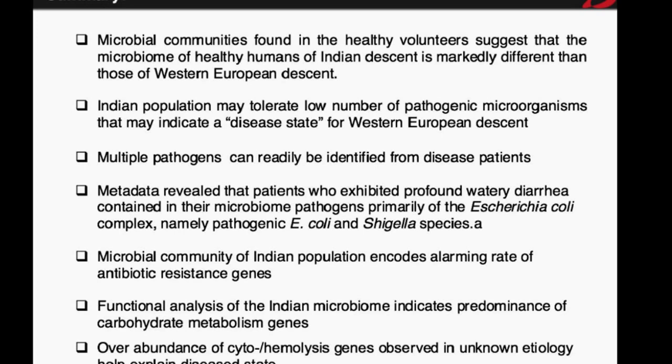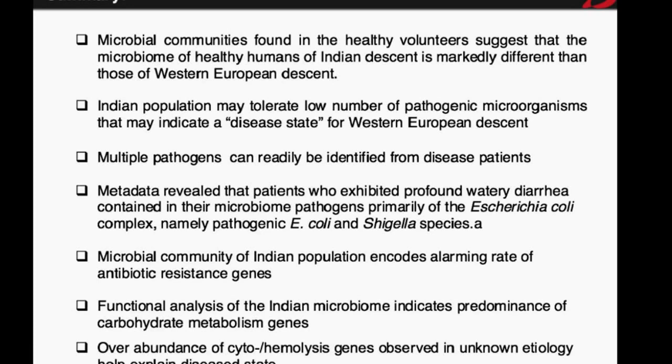And then the metadata show that patients with profound watery diarrhea that were characterized and brought to the cholera hospital as cholera patients, in fact, carried primarily the E. coli complex, pathogenic E. coli, and Shigella species. Again, another important factor, which means that we have to redefine what is cholera.